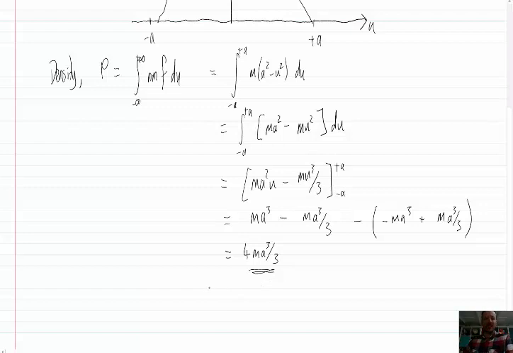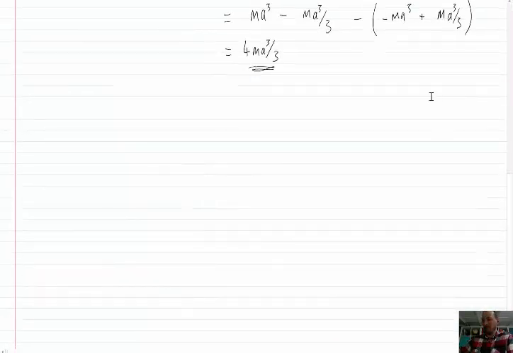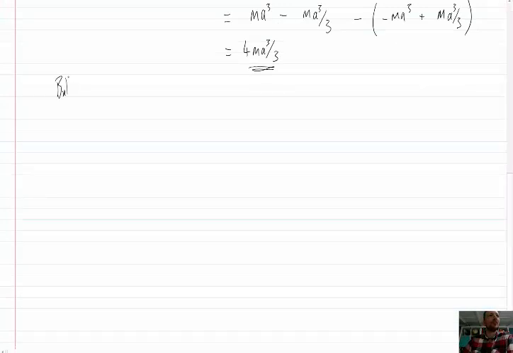Now, you might already be able to spot what we're going to get for the bulk velocity of the fluid just by looking at the shape of the distribution curve. But let's work it out. So the bulk velocity, let's call the bulk velocity capital U. Now this is going to be the integral from minus infinity to plus infinity. Now remember, it's the average of all the molecular speeds.